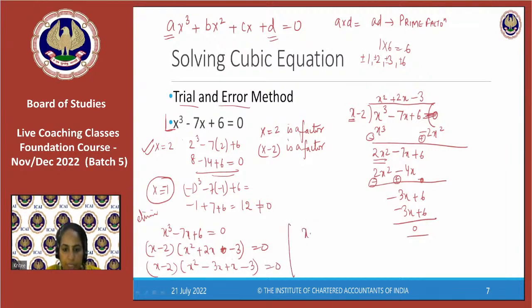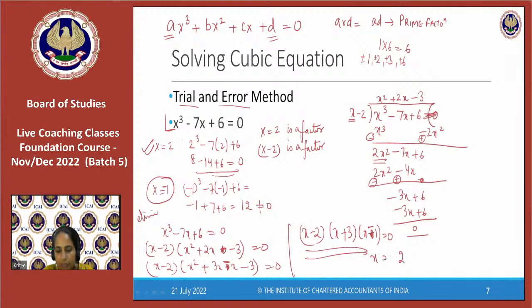Again rearranging, it gives me x minus 2, x minus 1 and x plus 3 equals 0. Sorry, I just skipped the sign part. So x plus 3 and x minus 1 equals 0. This is going to be my answer: x equals 2, minus 3 and plus 1 are the roots of the cubic equation.